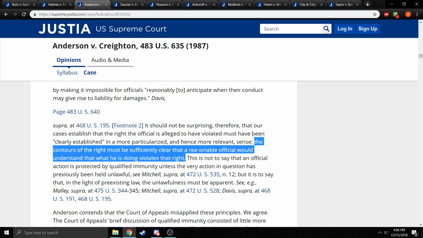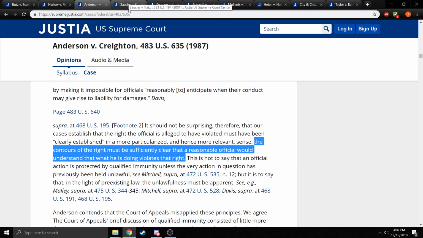So if the official violates the right, then one of two things has to be true. Either it's an unreasonable official who didn't know that they were doing it, in which case you can proceed, or it has to be a reasonable official who did know he was violating the right, in which case you can proceed. But the right has to be sufficiently clear that a reasonable official would know that what he's doing is wrong.